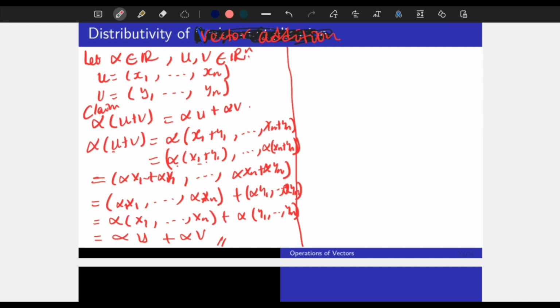Geometrically, this is another proof, the geometric proof.